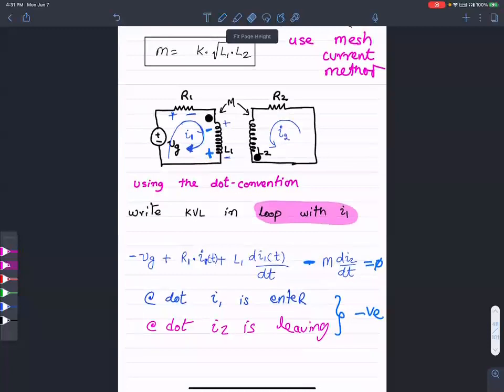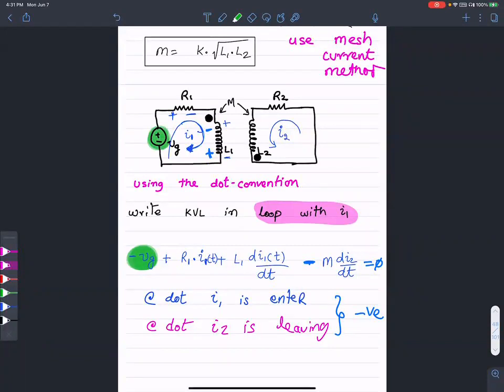Now here is the idea. We are writing the KVL equation. The first voltage that we encounter when we start going in this direction is VG, but because the negative terminal of VG is coming first, I incorporate a negative VG.